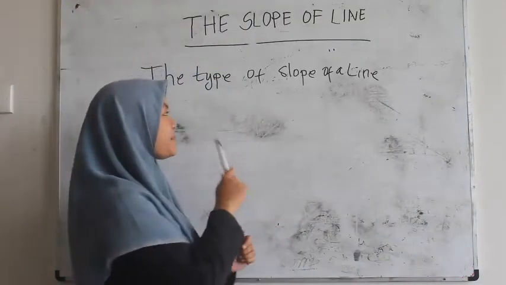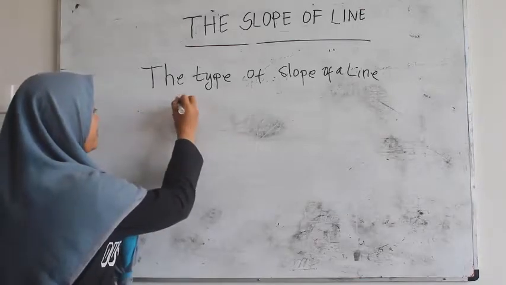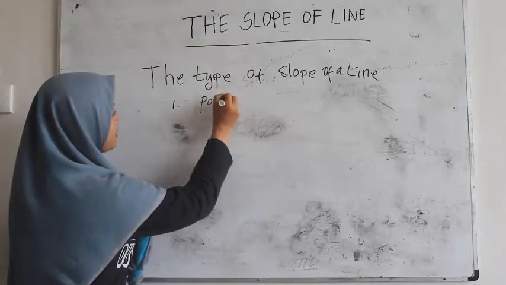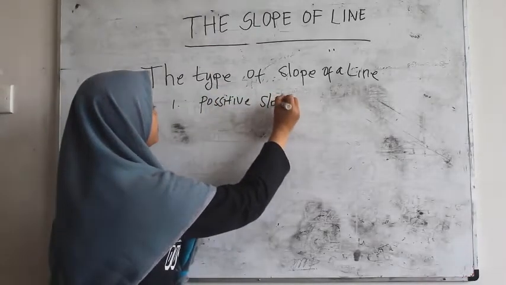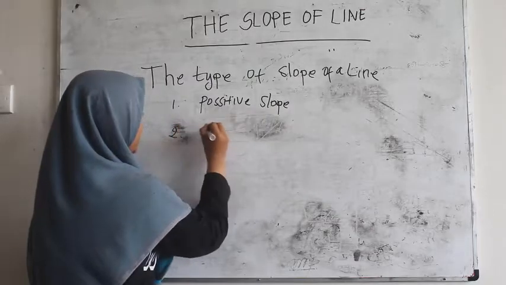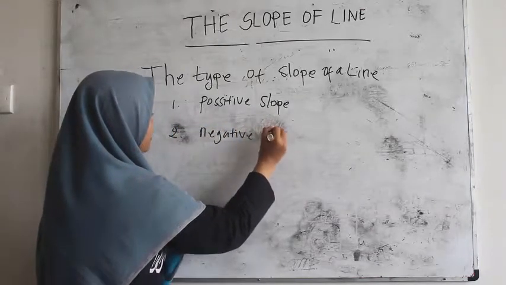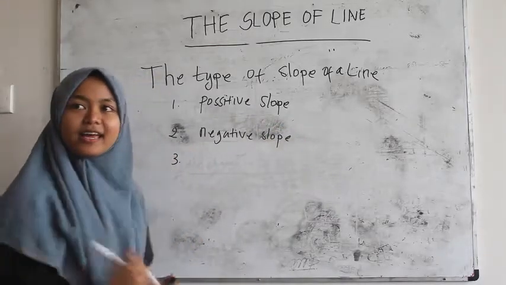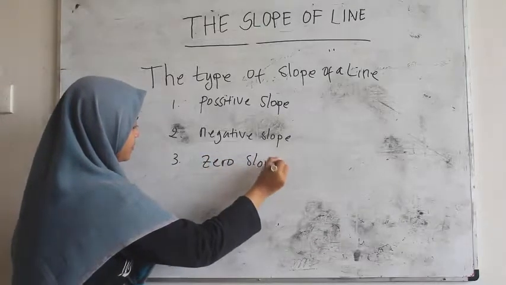Next, the types of slope of a line. There are 4 types. Number 1 is positive slope. Number 2 is negative slope. Number 3 is zero slope.